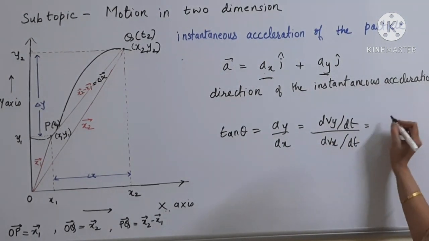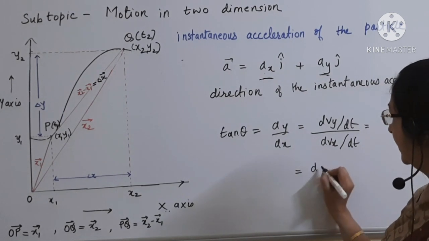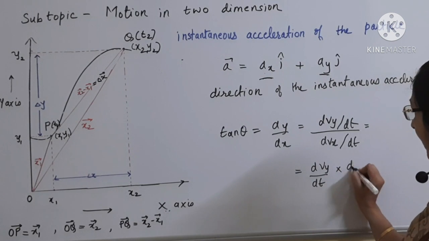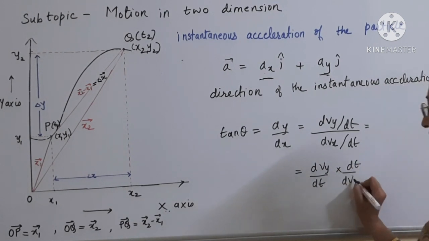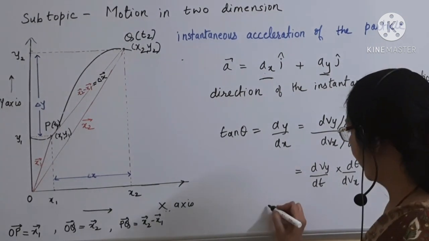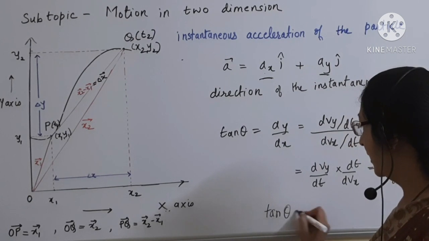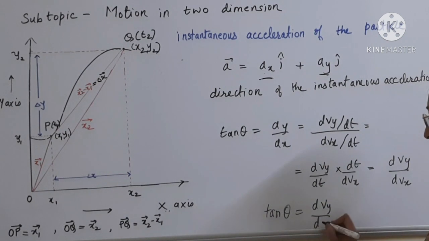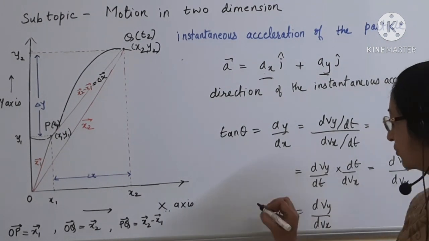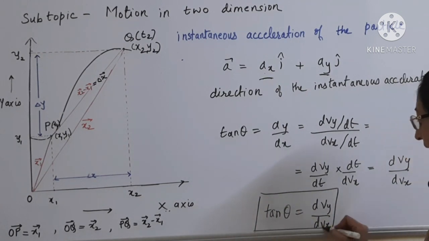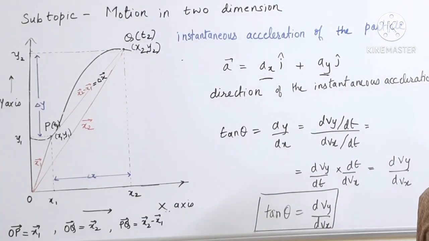So that is equal to, here we get dvy upon dt, cross multiply dt upon dvx. So we get dvy upon dvx. So tan of theta is equal to dvy upon dvx. So in this way, here we have found out the direction of the instantaneous acceleration.